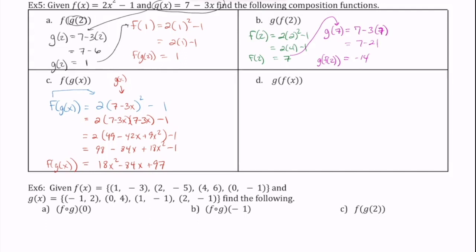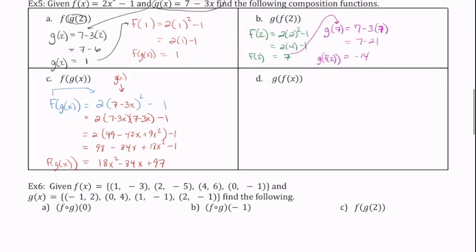Right, we do this the other way. This time I'm going to plug f of x into my g of x function. So I'm going to start with my g of x function, which is 7 minus 3 times x. And instead of x, this is where I plug in f of x, which is 2x squared minus 1.